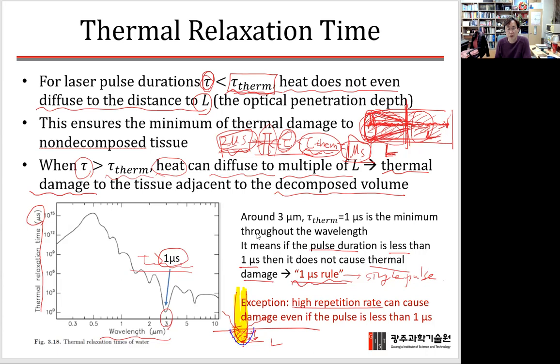This boundary basically represents the coagulation tissue. So at least this blue region had a temperature higher than 60 Celsius degrees.